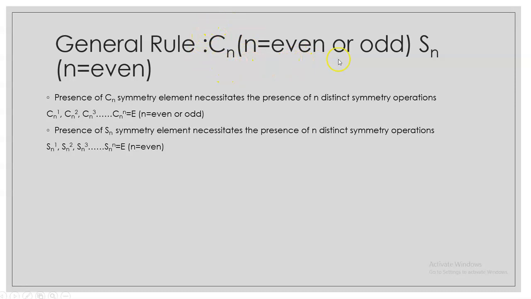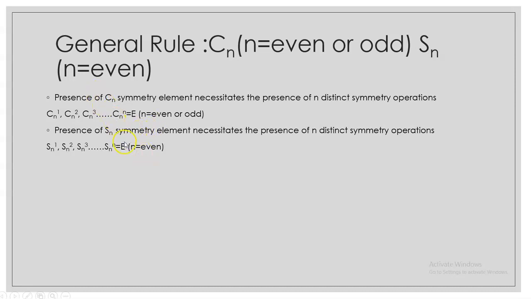But that is not so in the case of your improper axis. The improper axis with n value equal to even gives similarly n number of symmetry operations as that of your proper axis of rotation.